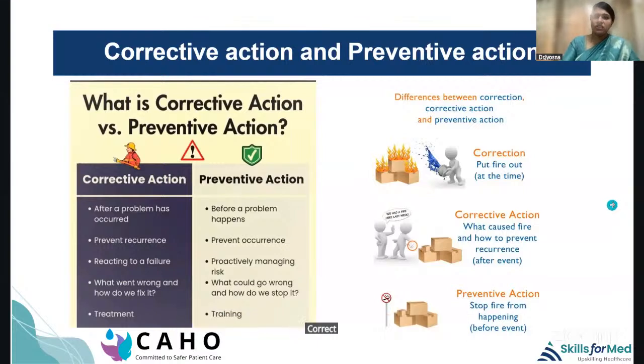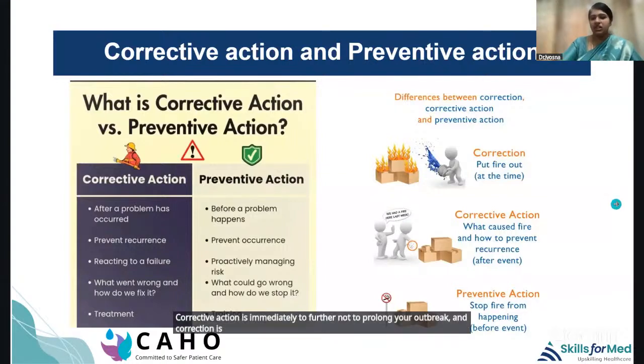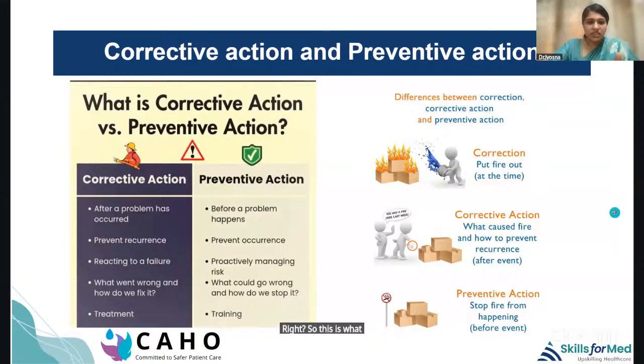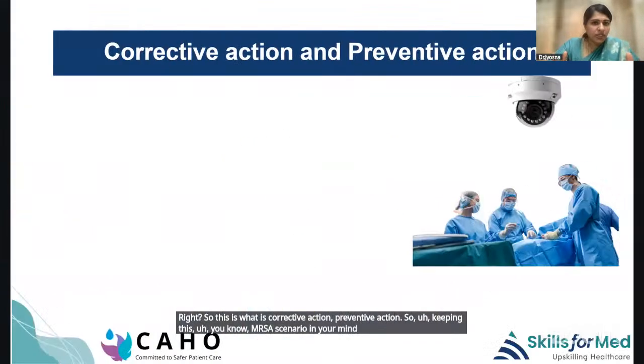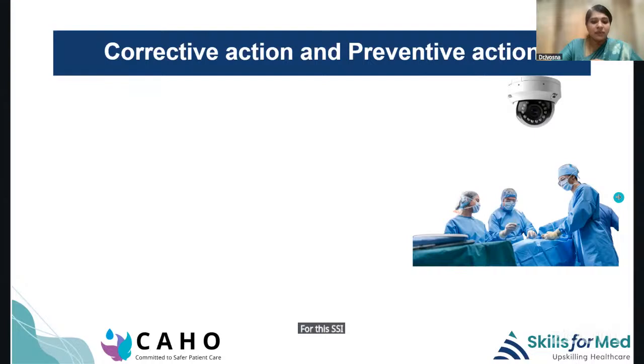Corrective action is immediately, so as not to prolong your outbreak, and correction is to cure that particular infection at that particular time, right? So keeping this MRSA scenario in your mind, what could be the CAPA, corrective action and preventive action, for this SSI outbreak that has happened in your setting?